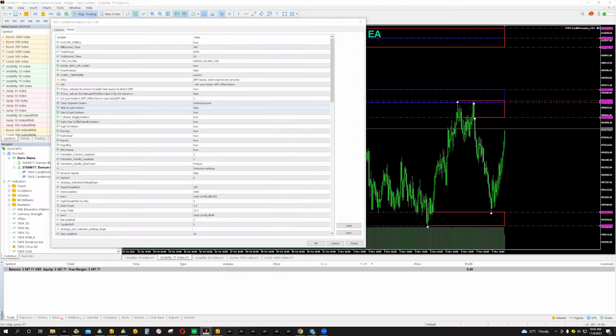These are 1, 2, 3, 4, 5. Five strategies means 5 EAs at work hunting, to make sure that every day you will get the signal.